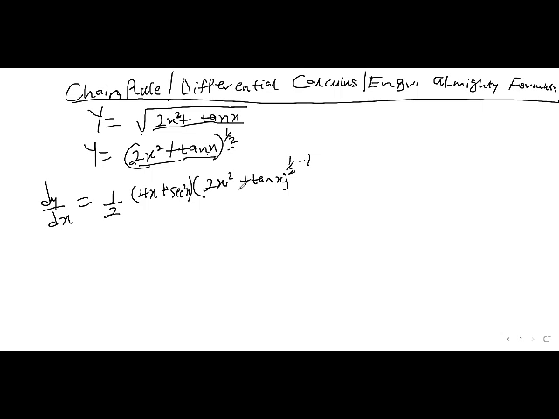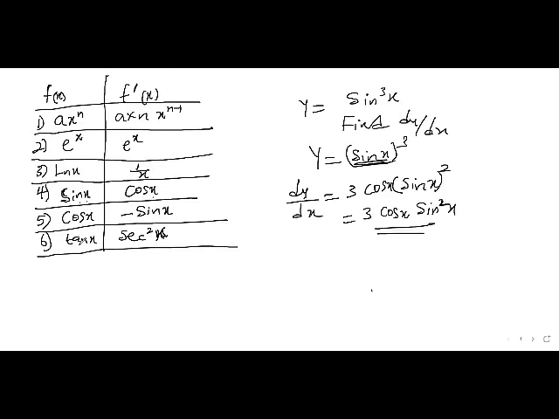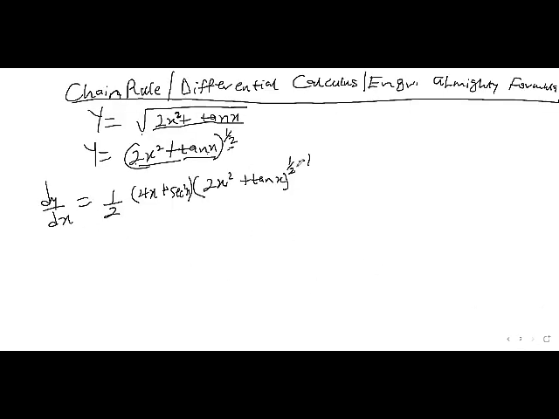If I differentiate tan x, I'll get sec square x. Look at the table. When you differentiate tan x, you will get sec square x, just like that. So half minus 1, that will give you minus 1 over 2. So we have 4x plus sec square x. Close the bracket. We have 2x squared plus tan x raised to power minus 1 over 2.